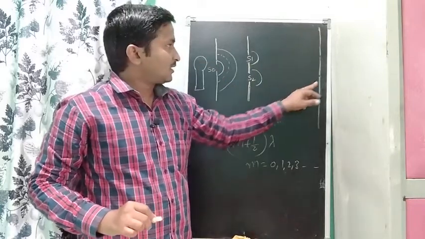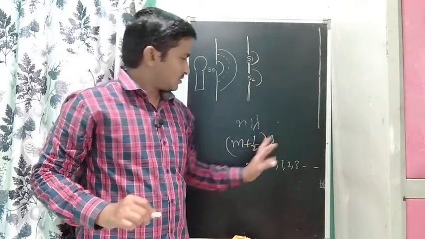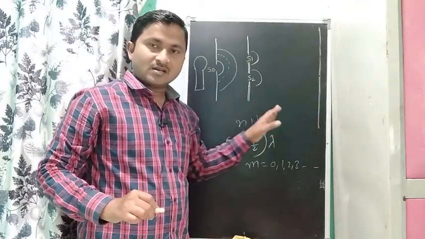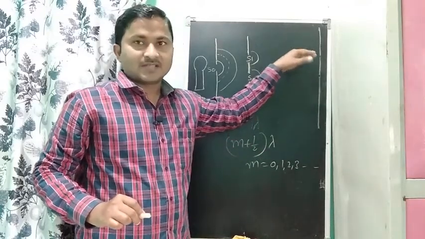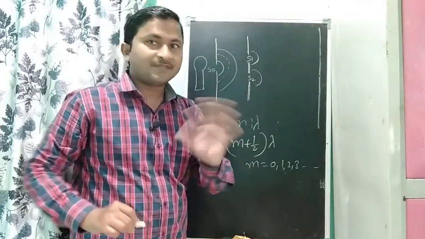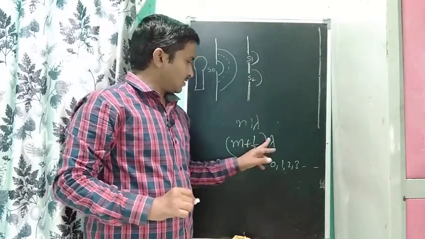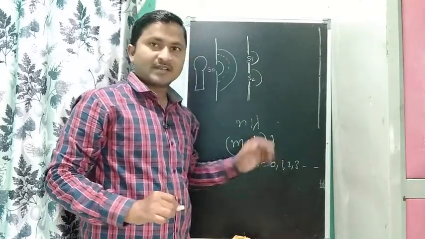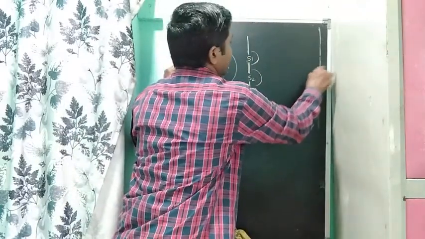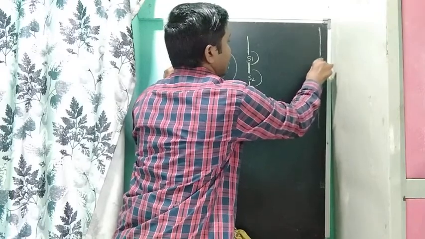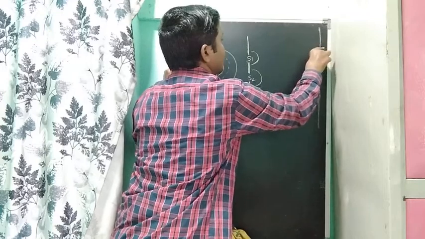Like this, whenever the path difference between the two light waves is 0, lambda, 2 lambda, 3 lambda and so on, m lambda, we get the bright fringe. If the path difference between the two light waves reaching the point on the screen is (m plus 1 by 2) into lambda, we get the dark fringe. Okay? On the screen, alternate bright, dark, bright, dark fringes are formed.